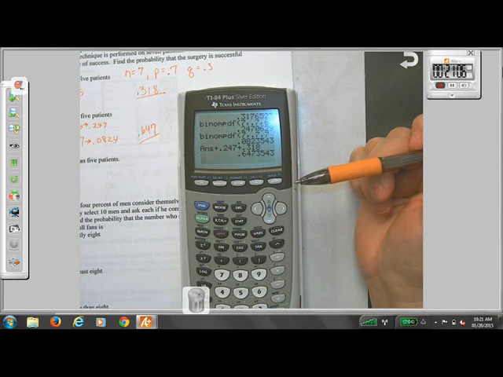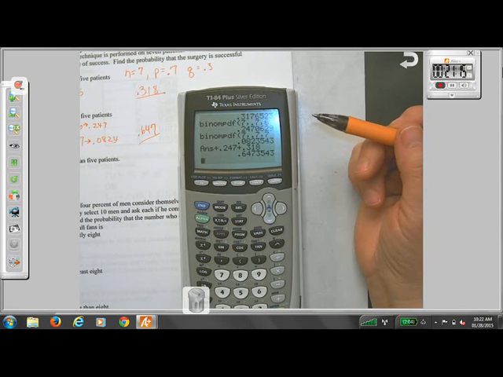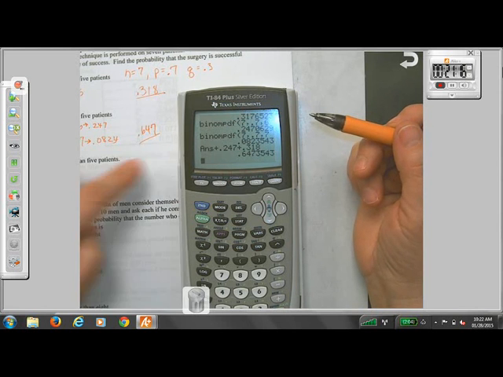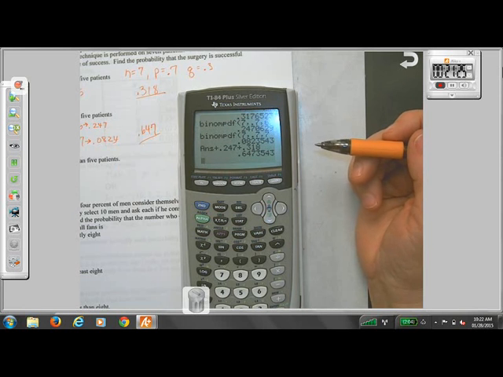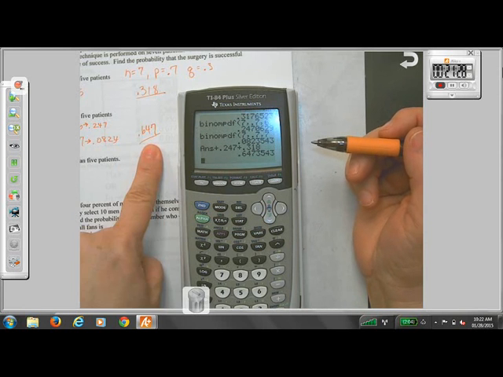Just 3 times. What about less than 5? 1 minus this number. Okay? So we've done at least 5, and now we want less than 5. You see the pattern that I'm working with here? And now I want everything that's below 5, so all I have to do is go 1 minus this number.